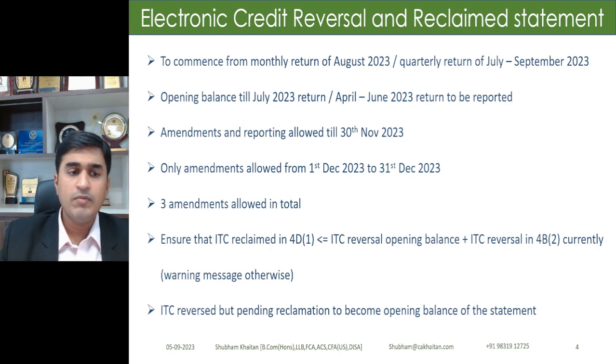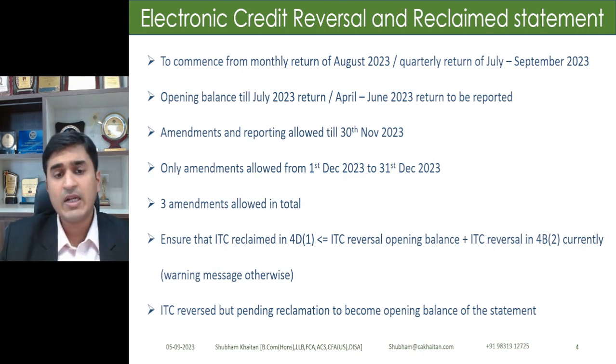We can only make amendments in aggregate three times. So we can report one time, and amend three times. Beyond this, there would not be any amendment allowed after 31st December. We need to remember here that whatever reclamation is being made should not be more than the ITC reversal opening balance plus the ITC reversal being made currently.